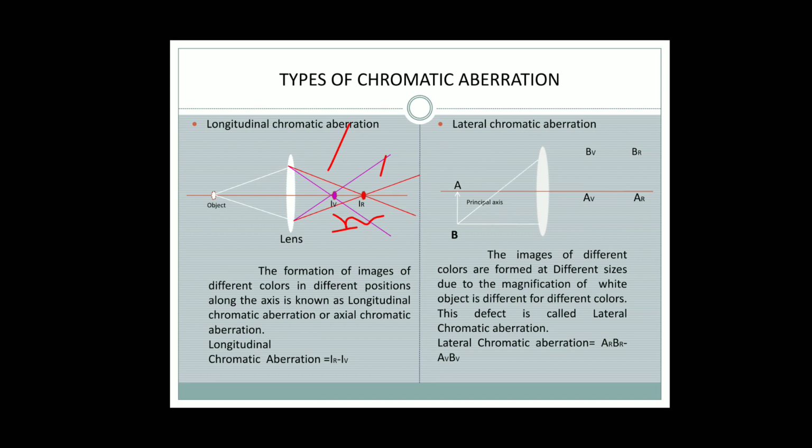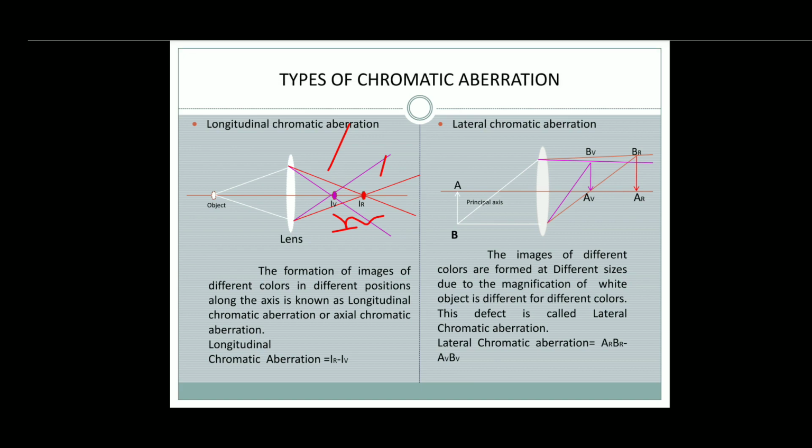When light is incident on the convex lens, a red image is formed at ARBR and a violet image is formed at AVBV. We know the size of the red image ARBR is greater than the size of the violet image AVBV. The difference between those two image sizes is called lateral chromatic aberration.